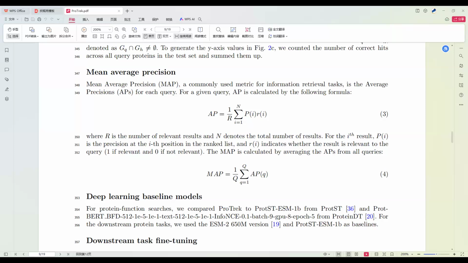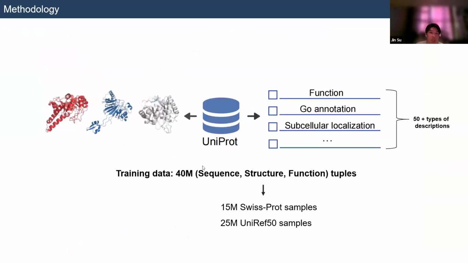Okay, there's one more question. Do the structures used for pre-training contain both PDB and AlphaFold DB? Yes. We cannot only use the PDB database, because PDB only contains around 200,000 proteins, but we have 40 million tuples.